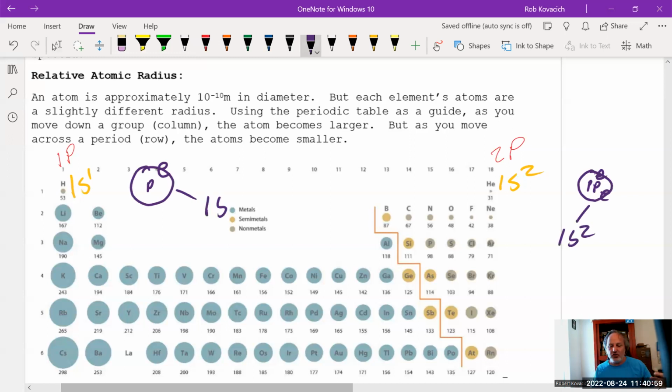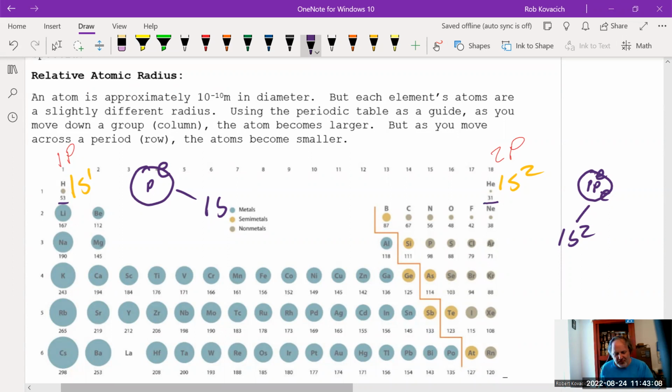So I placed the electrons the same distance away from the nucleus, and then I made the nucleus twice as powerful. So because the nucleus got twice as powerful, but the electrons were placed in the same position, they got pulled in, which makes the atom smaller. So their relative size is 31 to 53, and these are in nanometers.